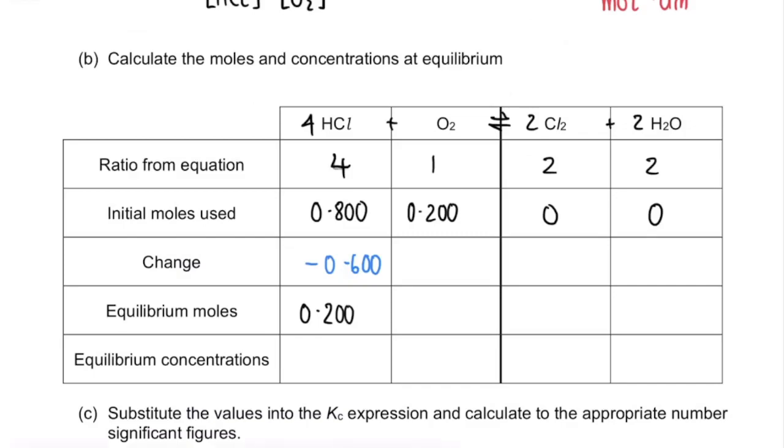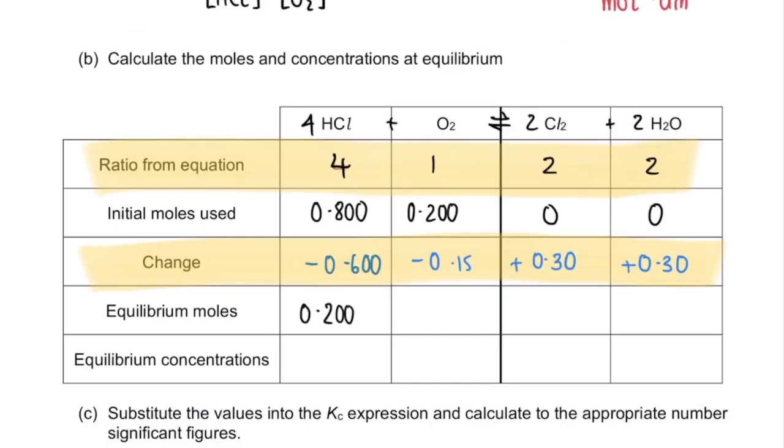And remembering that the change line and the ratio line are in the same proportion, so that's the one we're relying on. So if a 4 is equivalent to 0.6, then this would be equivalent to 0.15, because that is a quarter of 0.6. And a 2 would be 0.30, and remembering that our products go up.